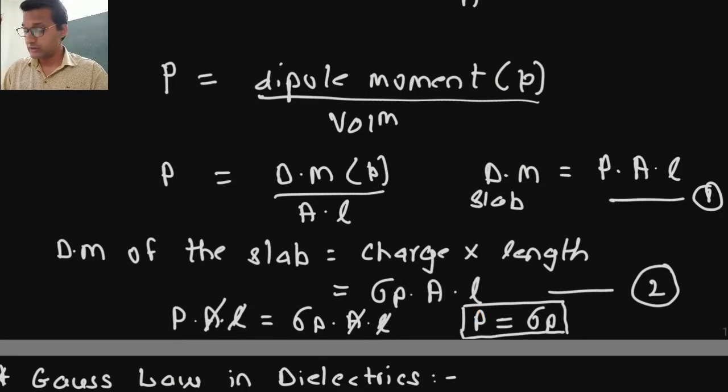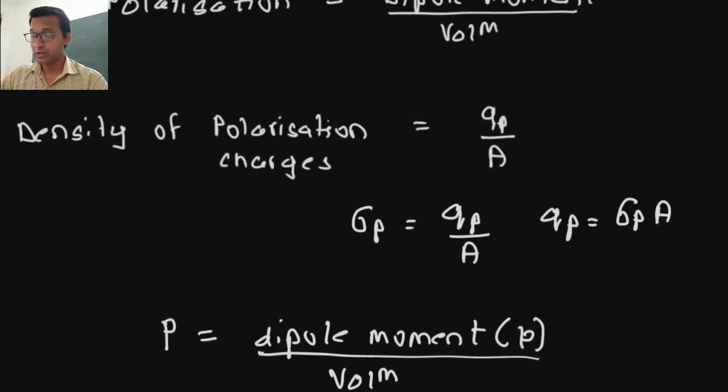This is the relation between polarization and the density of polarization charges: polarization is equal to the surface charge density of polarization charges.